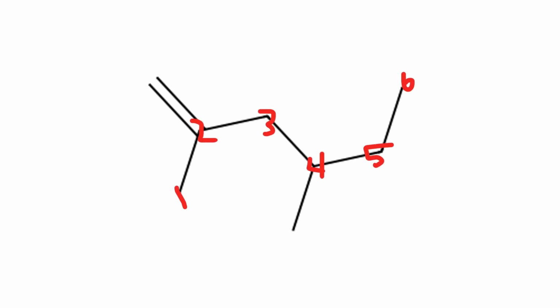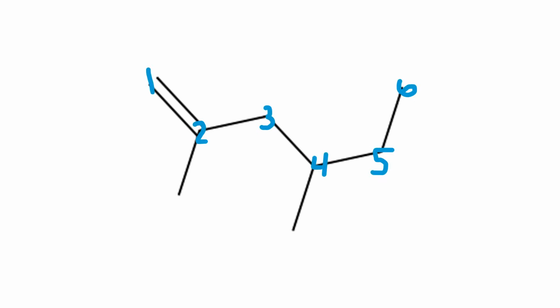You want to identify the longest carbon chain that includes both carbons of the multiple bond and then number in the direction that gives them the lowest numbers possible. So instead, we're going to start over here because that will do both. It will go through both carbons and give them the lowest numbers, and it's going to look like this when we number it.